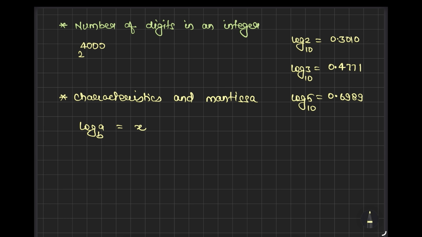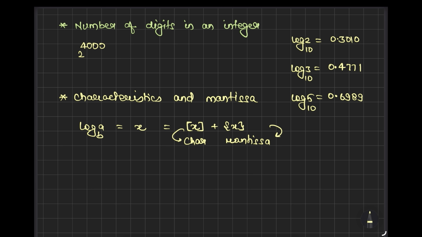Suppose this is the number, so this number can be anything, something point something. This number can be broken down into an integral part and a fractional part. The integral part is your characteristic and the fractional part is your mantissa.